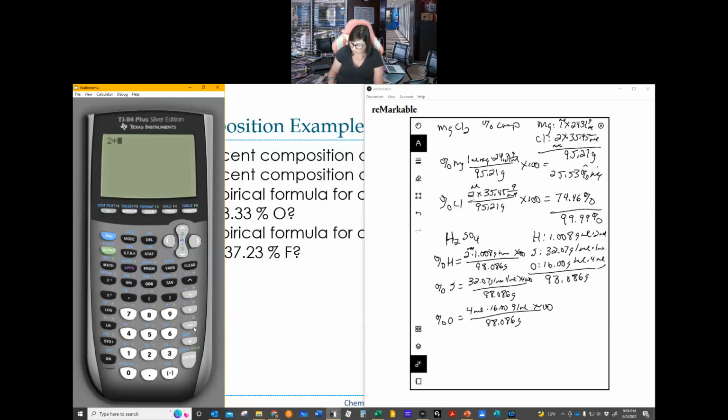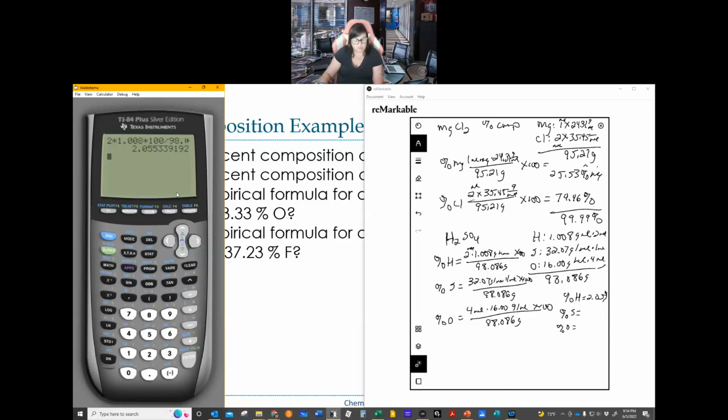So 2 times 1.008 times 100 divided by 98.086 is 2.05% hydrogen. So I'm going to write my percent H over here as 2.05%. My percent S I'm going to write here, and my percent O I'm going to write here.